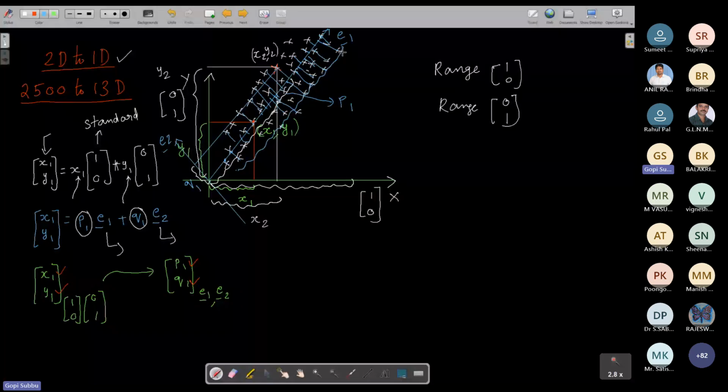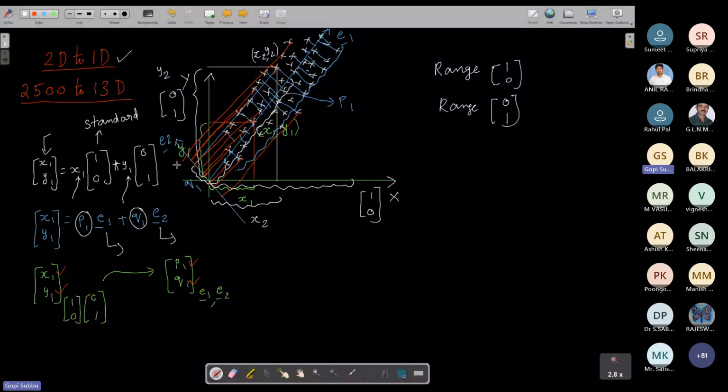The same thing, if I project it on E2 like this, these are all the projections on E2. So if I see the projections on this E2, the range is available here.